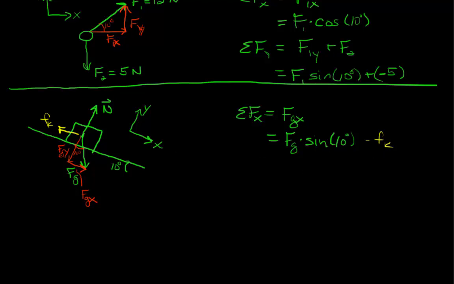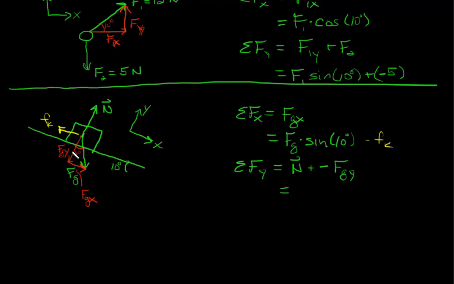All right, let's do the y direction. So the net force in the y direction. So now I'm looking in the y direction. So it's going to be the normal force plus the force of gravity in the y direction, but it's subtracting. So it's going to be negative Fg in the y direction. And we could simplify that.